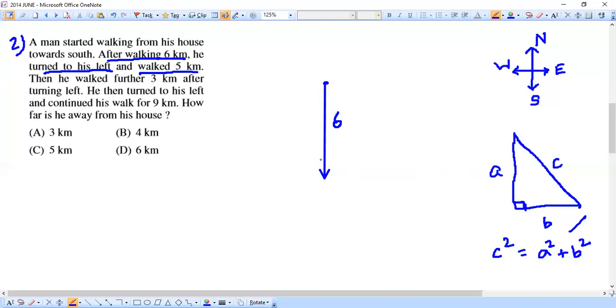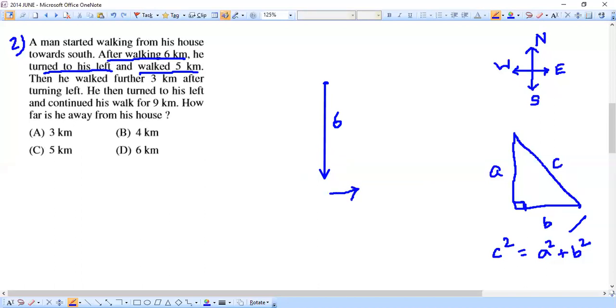Then he is turning to his left side. Carefully analyze in what direction he will travel now. He's facing the southwards direction, right? By facing south, he is going to turn left hand side. When we see the screen, for us the left hand side appears like this, but for the person who is coming here, facing this direction, his left hand side would be like this.